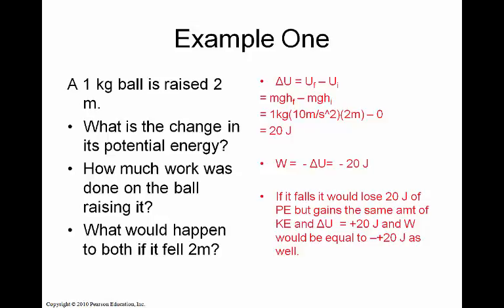The work done on it by gravity during that process is going to be negative delta U, or negative 20 joules. If it falls, it would lose 20 joules of potential energy, but it would gain the same amount of kinetic energy. So delta U is negative 20 joules, and work is positive 20 joules.